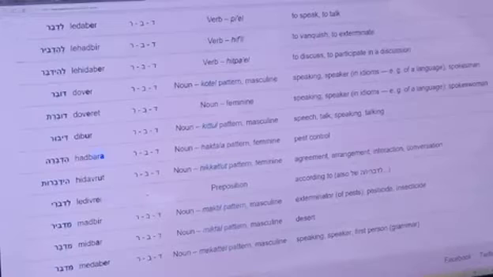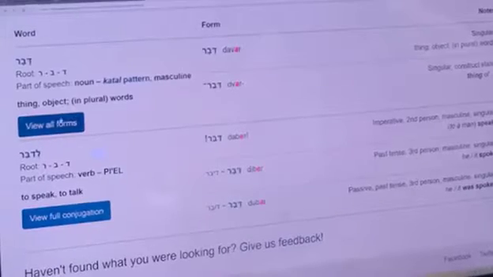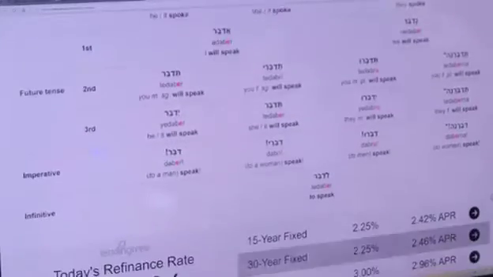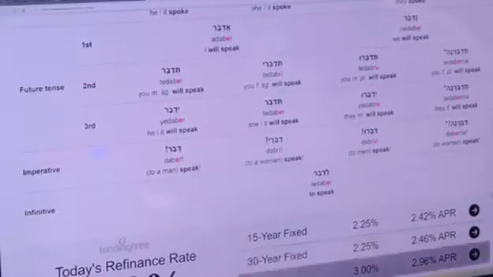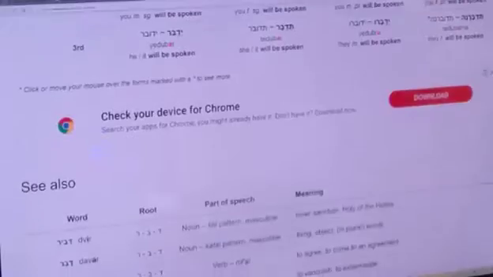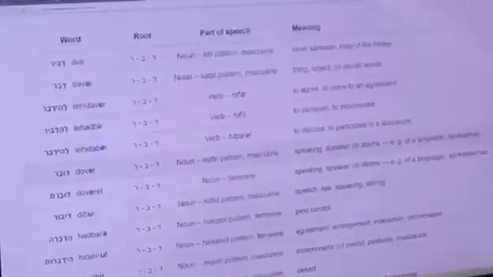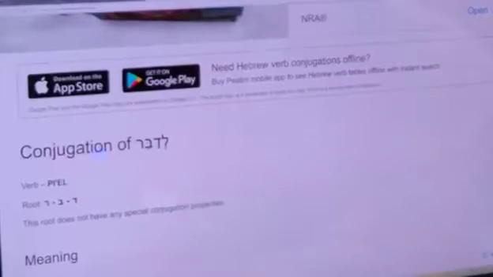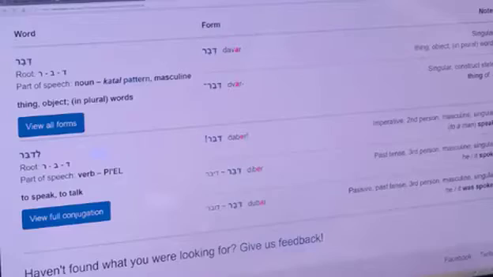All right, it's not here. All right, so let's see. As you can see here, as we showed you last week, they provide all of the verb conjugations, but we're looking for pronouns. We're looking for noun suffixes. These are verbs, but we're looking for pronominal suffixes.